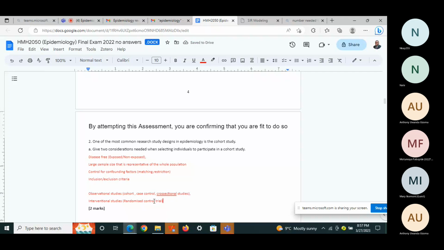So as I said, if you want to control for bias or confounding variables, you need to do what? Randomization, in addition to matching and restriction. So this is just the basic things that you need to know. I'm just doing a kind of revision.